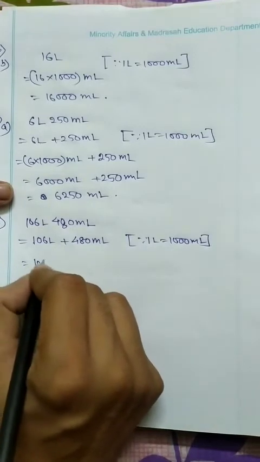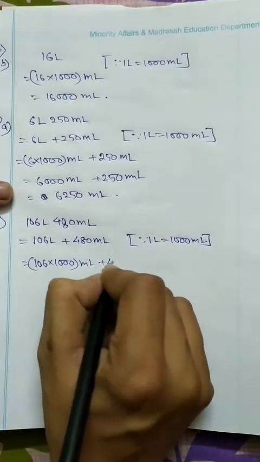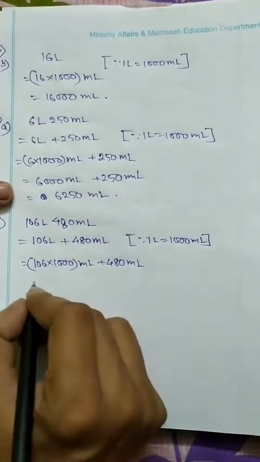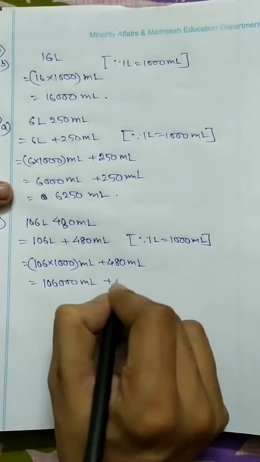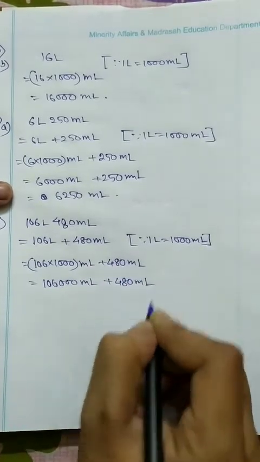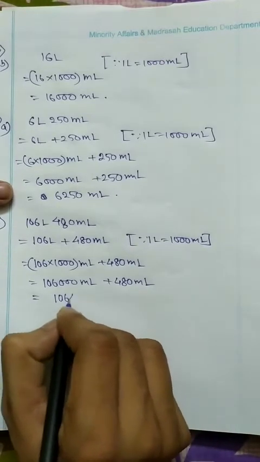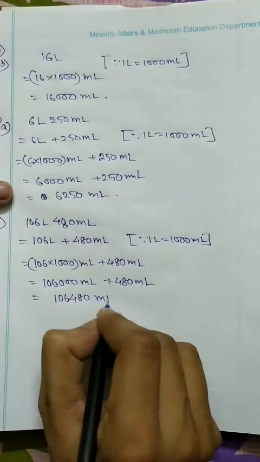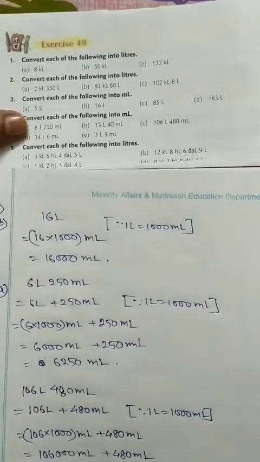Then we have 106 into 1000 milliliter plus 480 milliliter. 106,000 milliliter plus 480 milliliter. Then adding we have 106,480 milliliter.